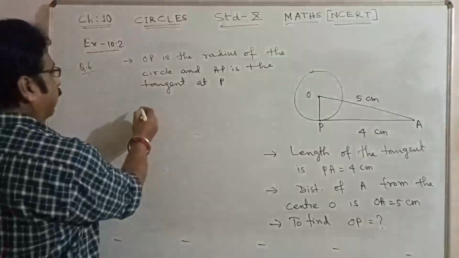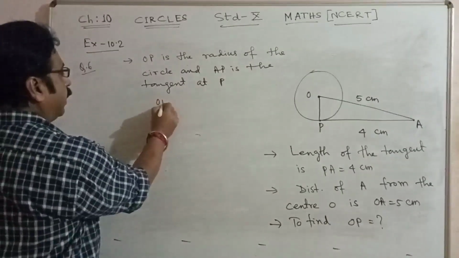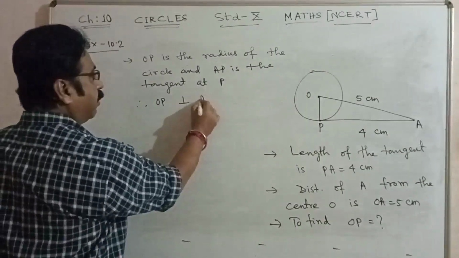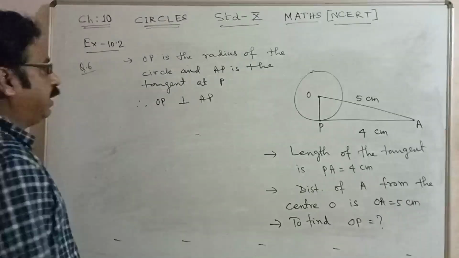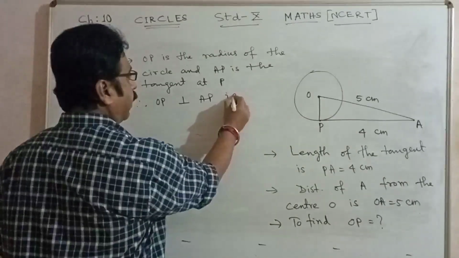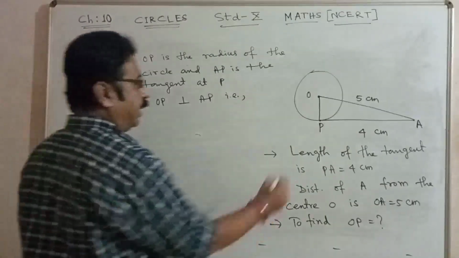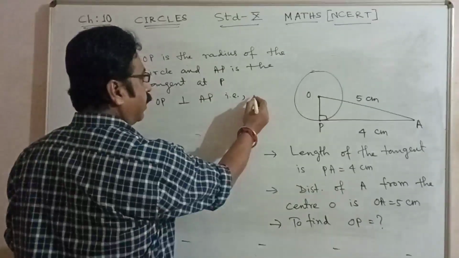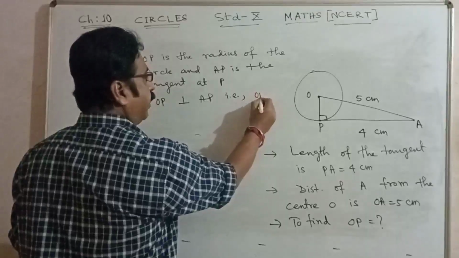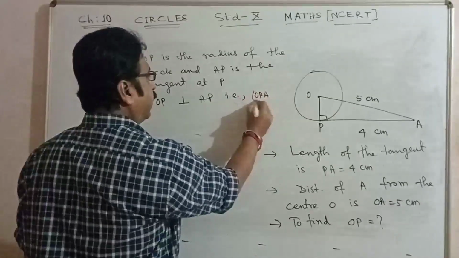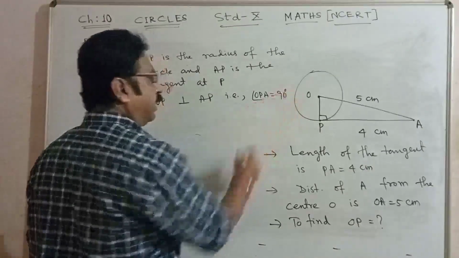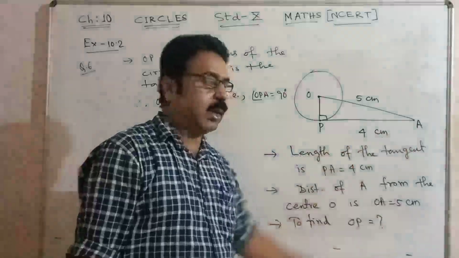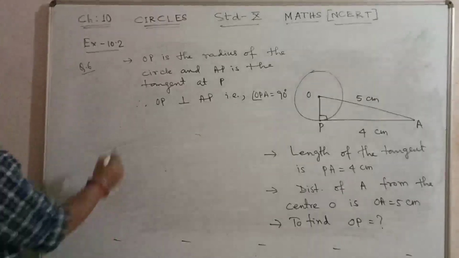According to theorem 10.1, OP will be perpendicular to AP. That means angle OPA is 90 degree, means OPA, it is a right triangle.